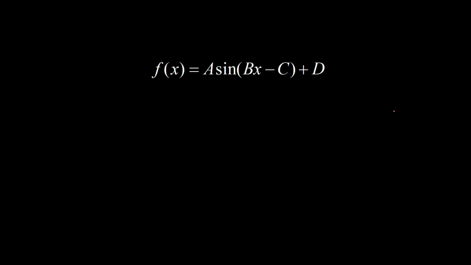So putting everything together, here is this section. Now I want to be clear that all of this is exactly the same for cosine. Everything I've said. So A is the amplitude. That affects how high the bumps are.